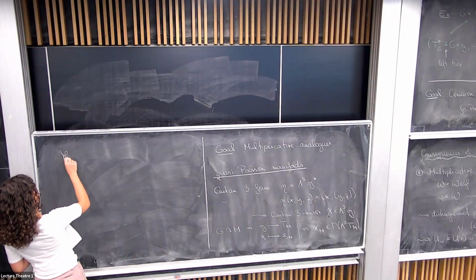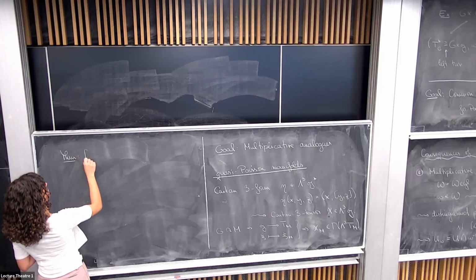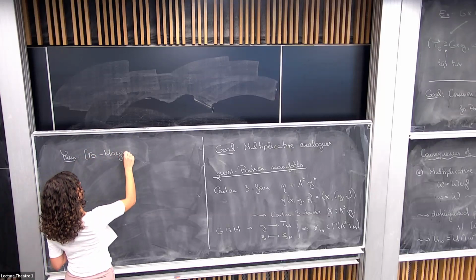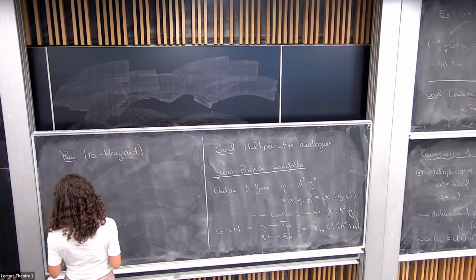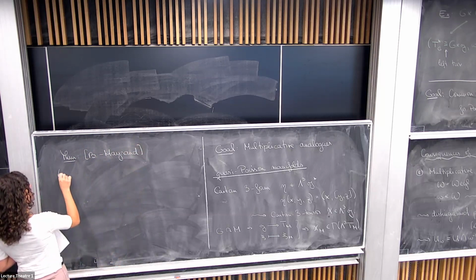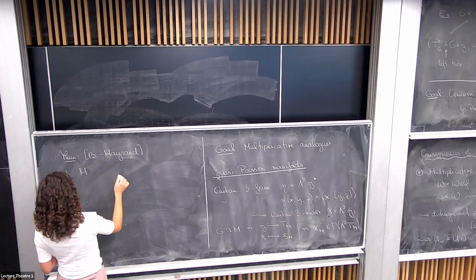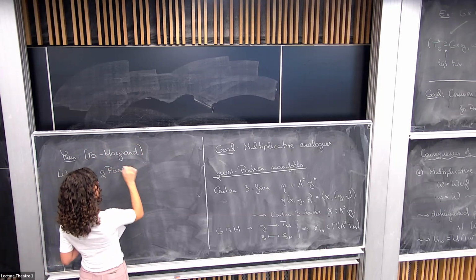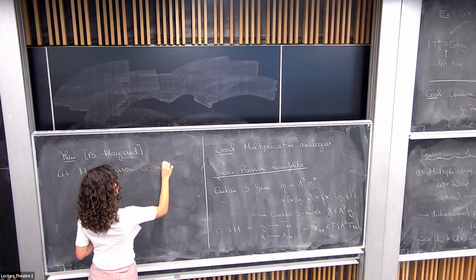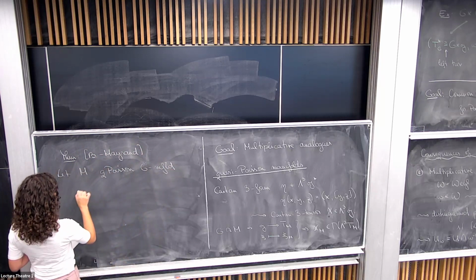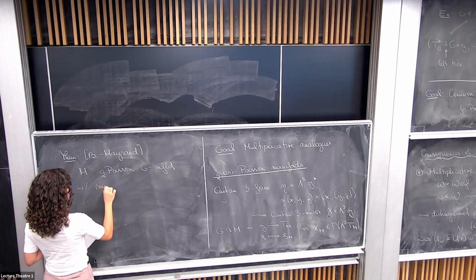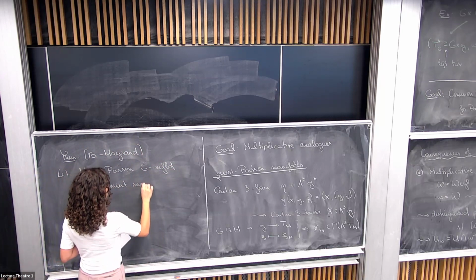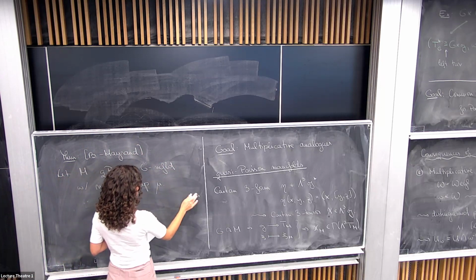And then I'll state a theorem which says: let M be a quasi-Poisson G manifold that is Hamiltonian with moment map mu.